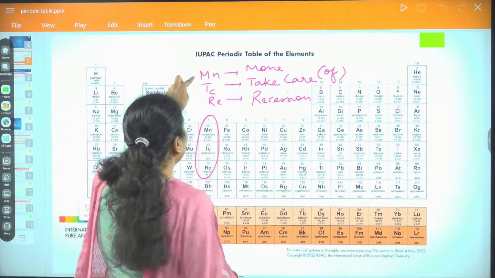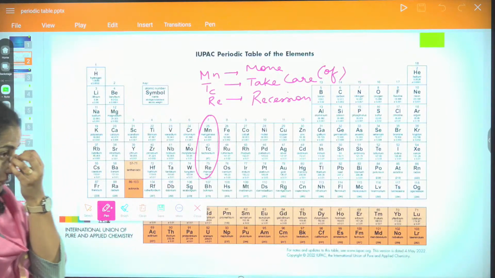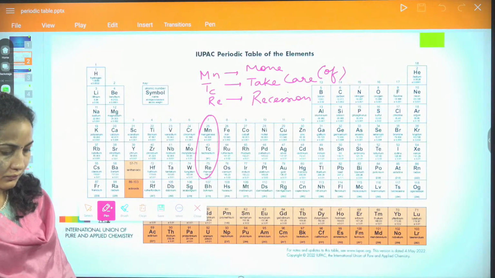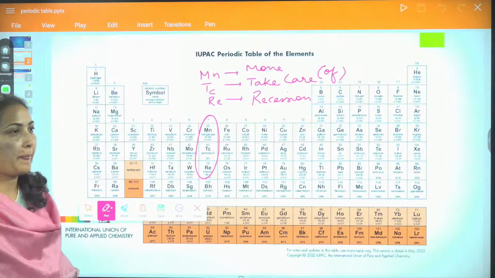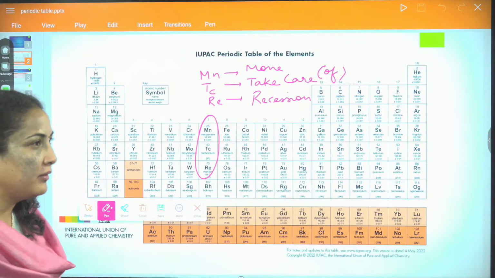So that's what money takes care of recession. Written? I hope this is written by everyone.